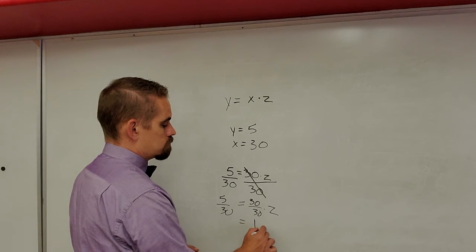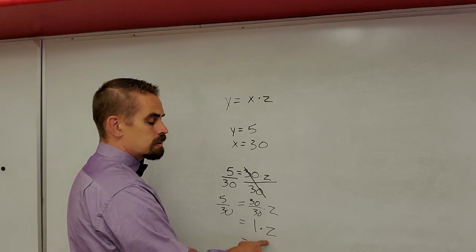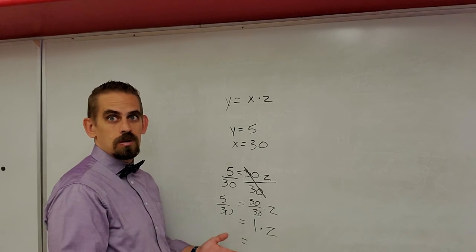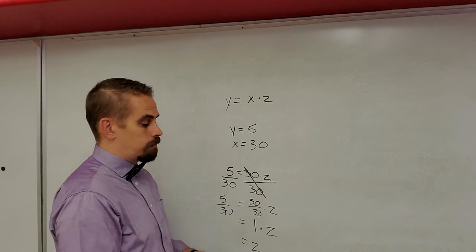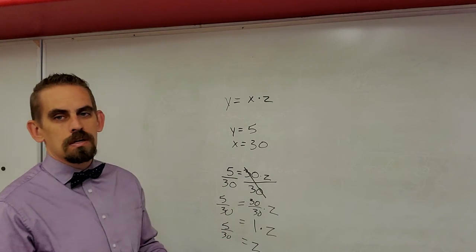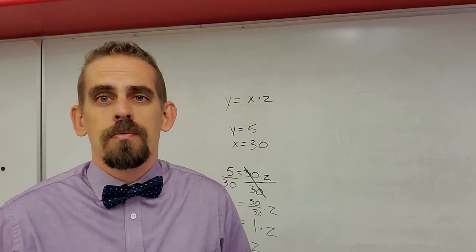That's 1 times z, right? Anything times 1 is itself, so z times 1 is going to be z. And all z represents is some number. So z equals 5/30.